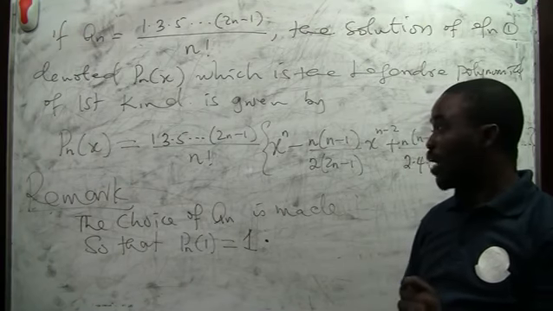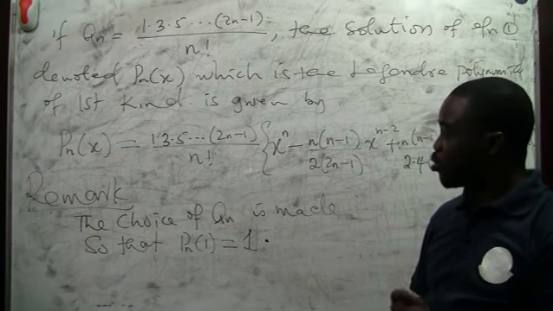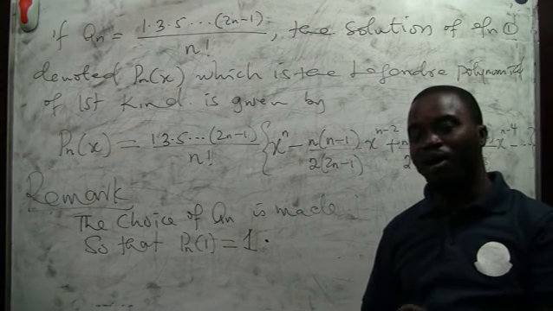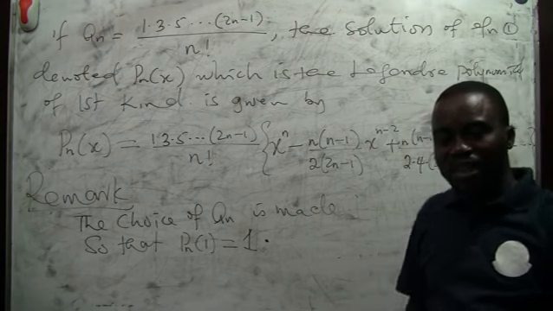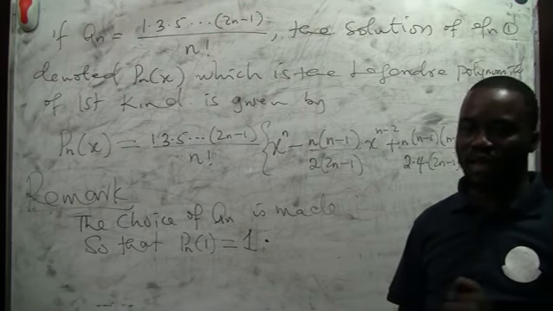And we have been able to arrive at the general form of the Legendre polynomial of first kind. How does the Legendre polynomial of second kind look? That will be in one of our subsequent classes.